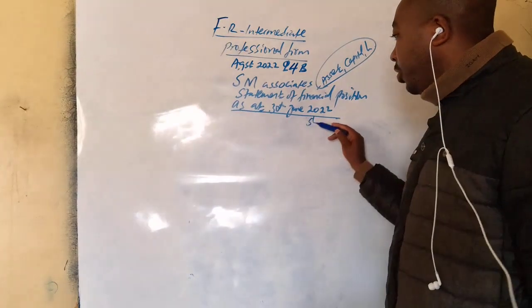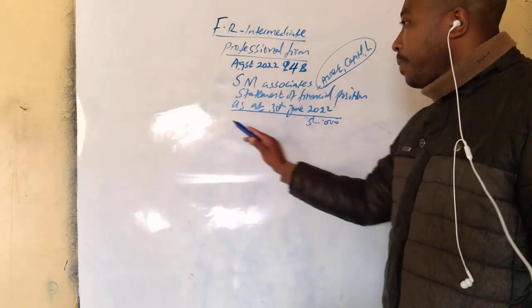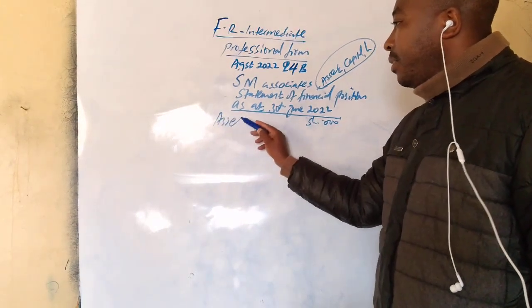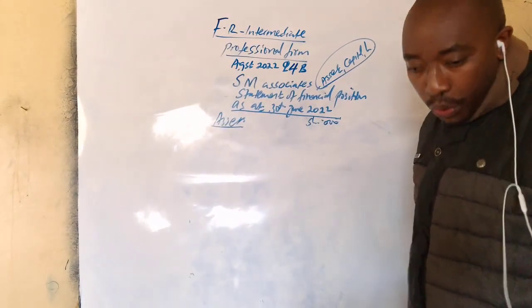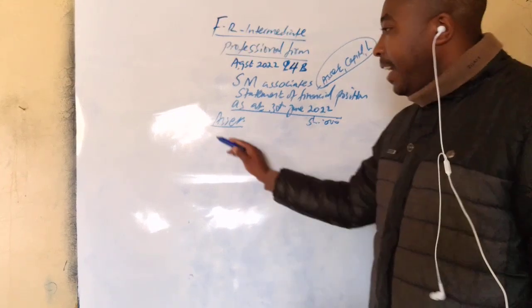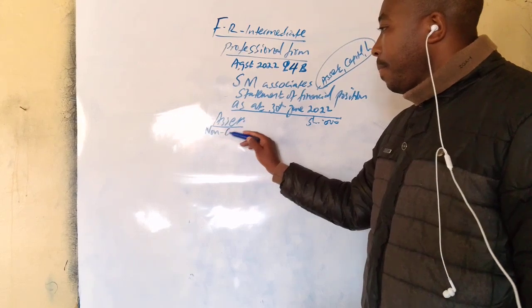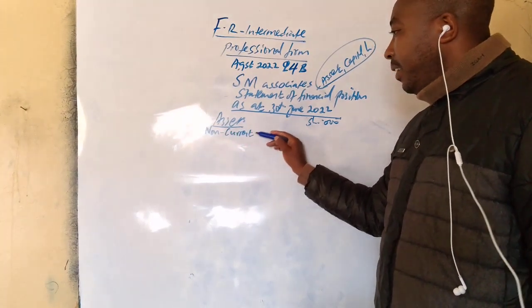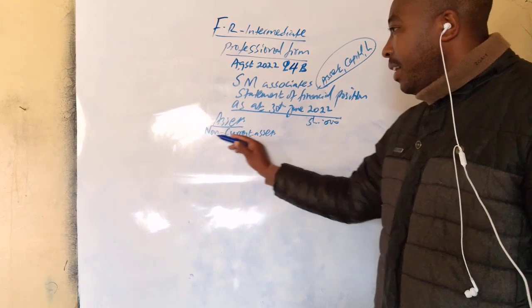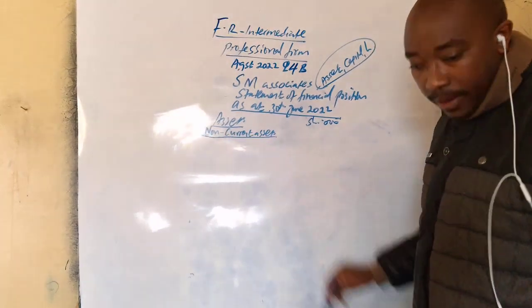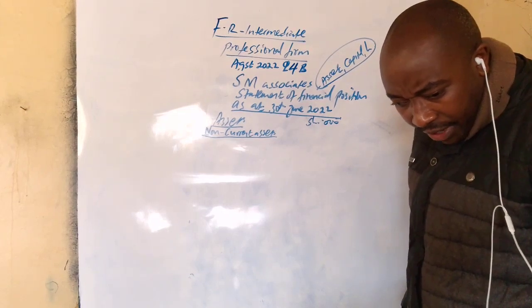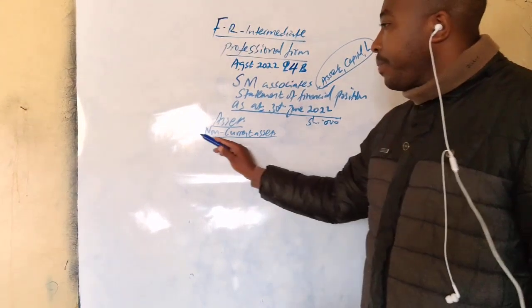Here you can record shillings in thousand. Here we have assets. We start with the non-current assets. And we have only the furniture, fitting, and library book.